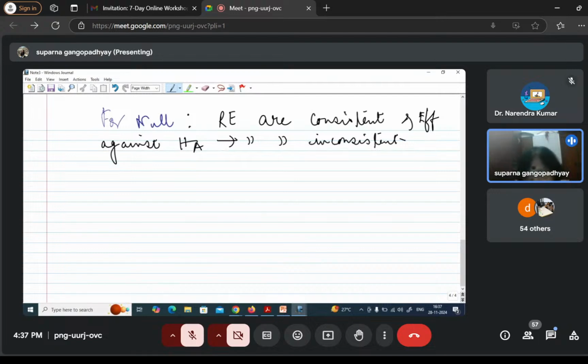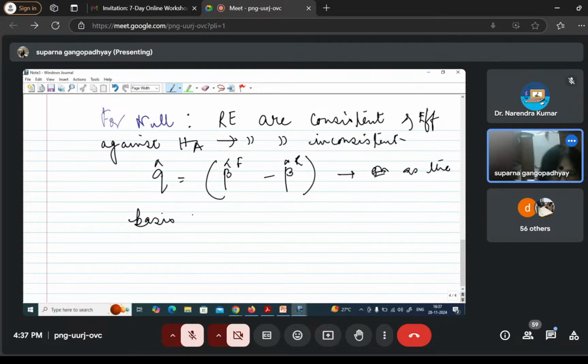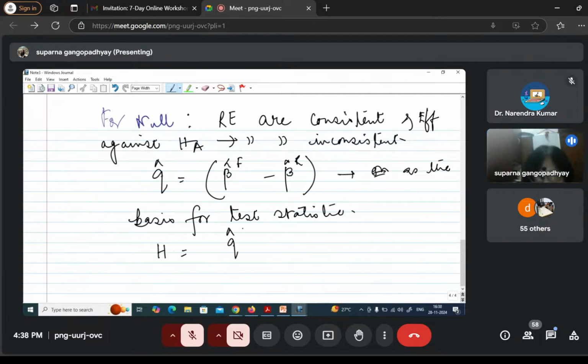So Hausman takes a pattern Q hat equal to beta hat F minus beta hat R as the basis for the test statistic. Now the test statistic is Q prime. I'm not going through the derivation because I don't have time.